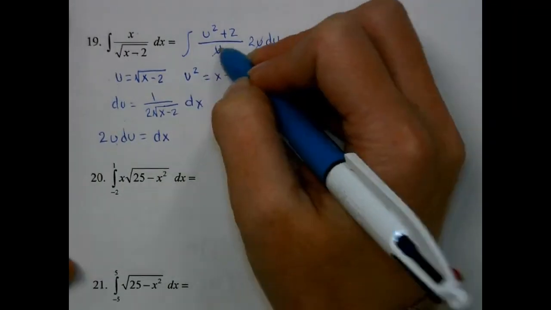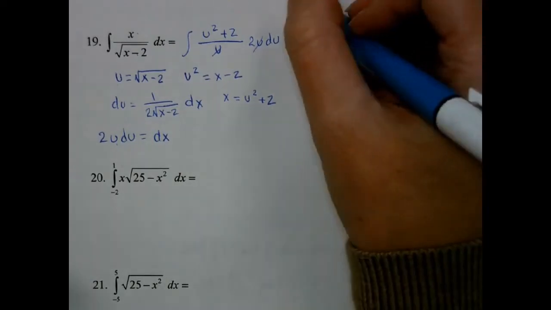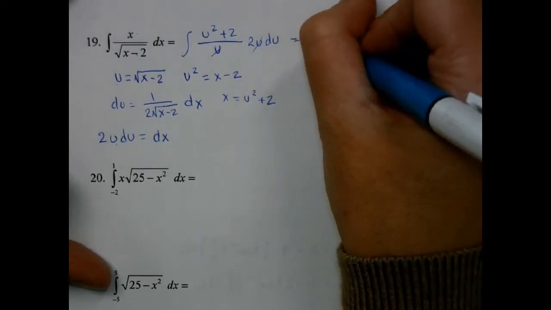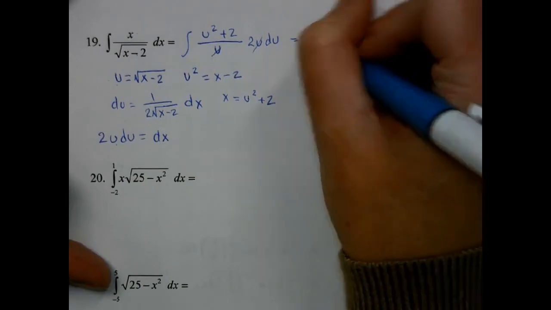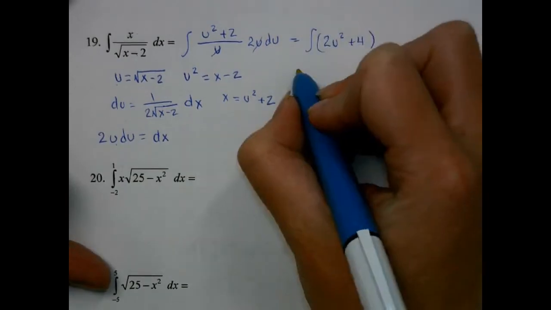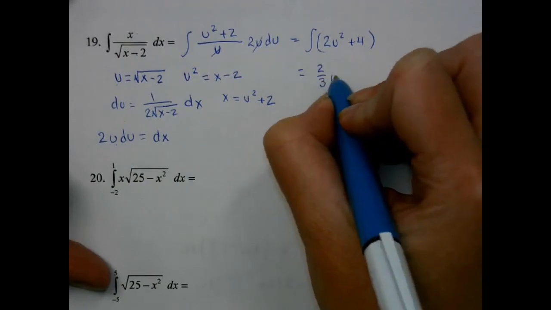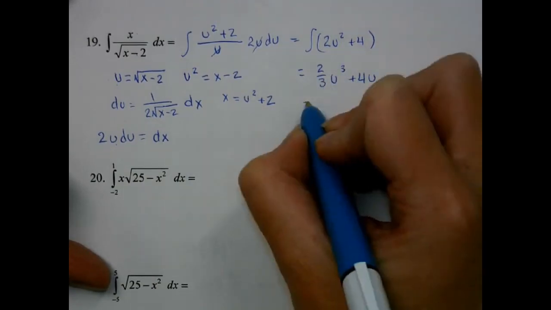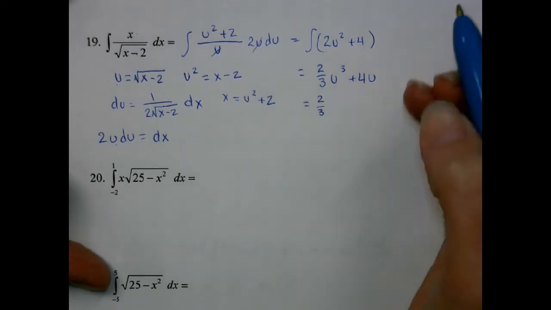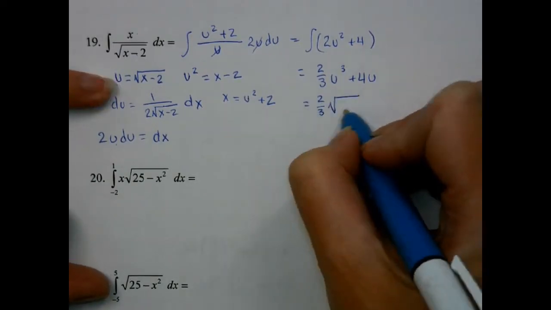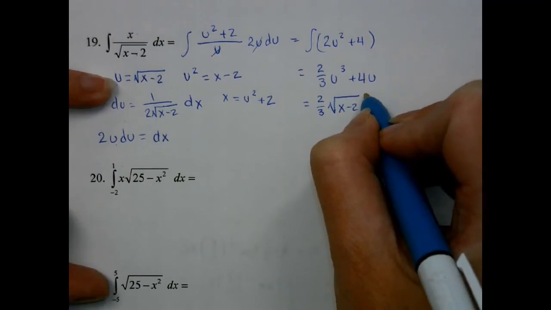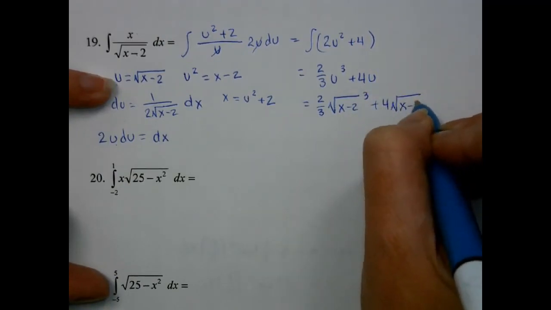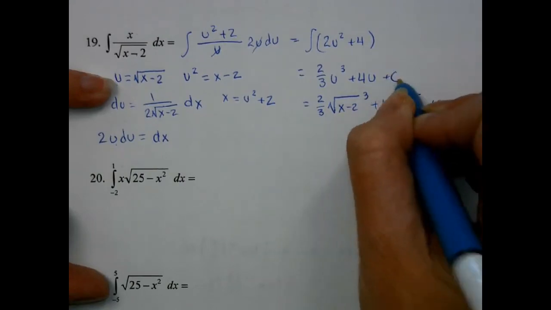The u here and here cancel. So we're going to have the integral of 2u squared plus 4. So that'll be 2/3 u cubed plus 4u. And then make our replacement back in. Like so.